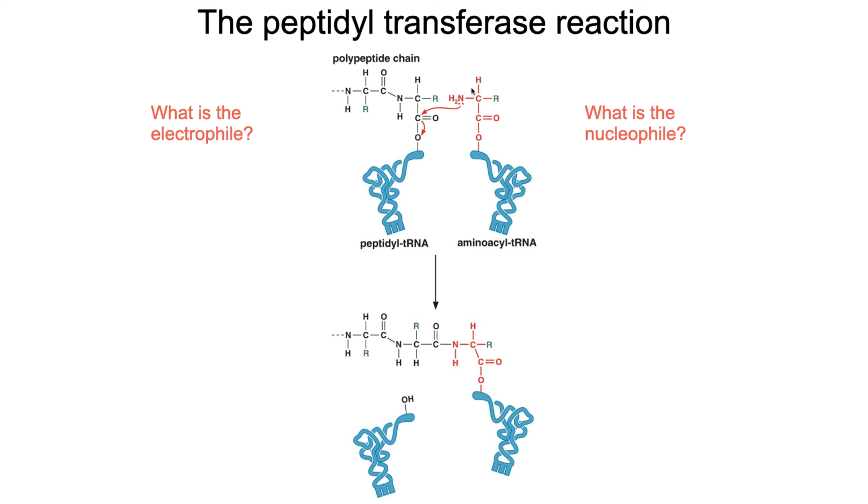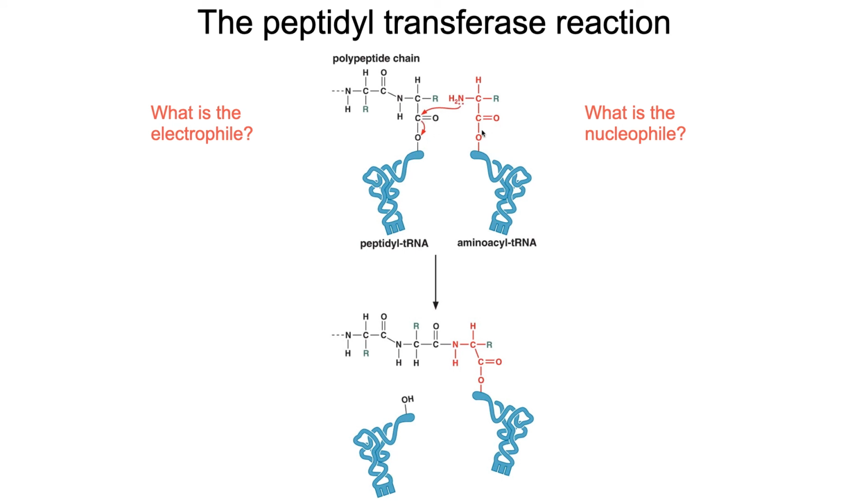Now the nucleophile is the alpha amino group that is going to attack the alpha carboxyl group of the end of the polypeptide chain that is still connected to the previous tRNA, which means that we're going to have that bond broken, that transfer RNA goes bye-bye, and now we have a covalent bond between this nitrogen and this carbon. That's our peptide bond, in fact.